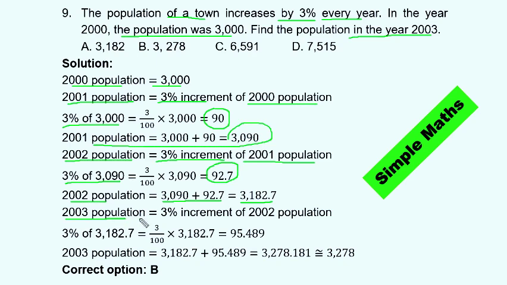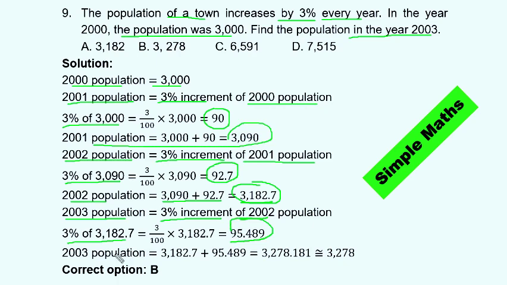We move to the population of the year 2003, which is 3% increment of the population of the year 2002. So you have to compute 3% of this value. You have it in this form, and that is 95.489.